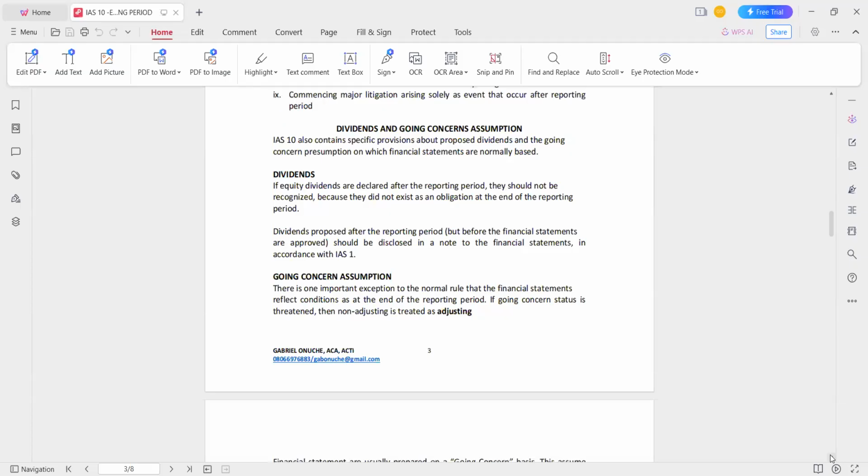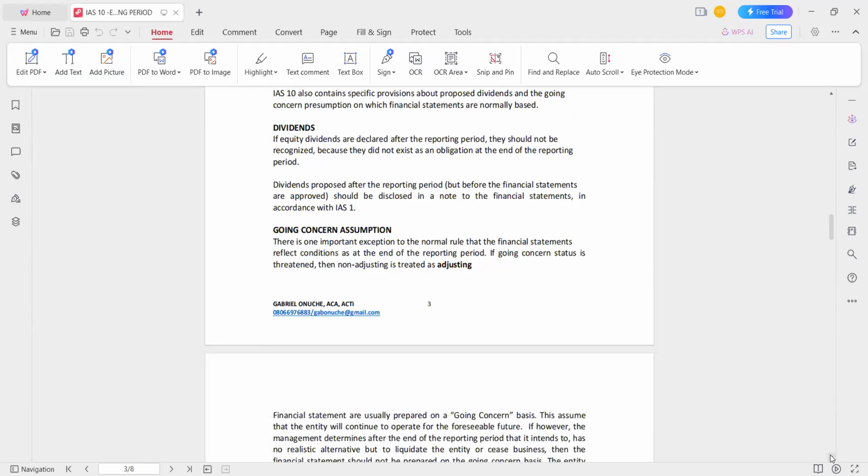Then, on the other hand, we look at going concern. There are important exceptions to the normal rule that the financial statement reflects conditions at the end of the reporting period.